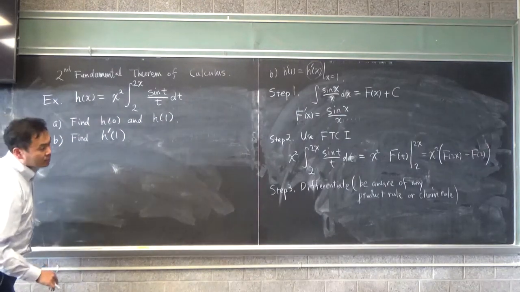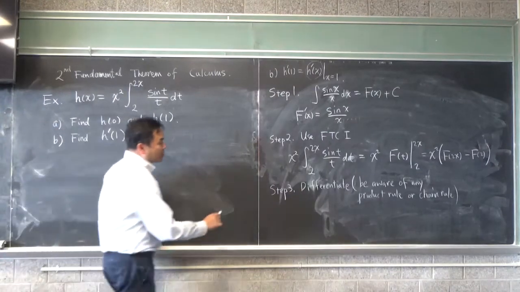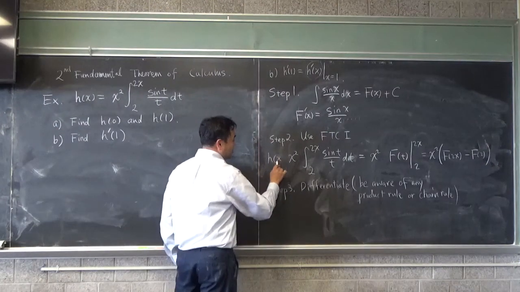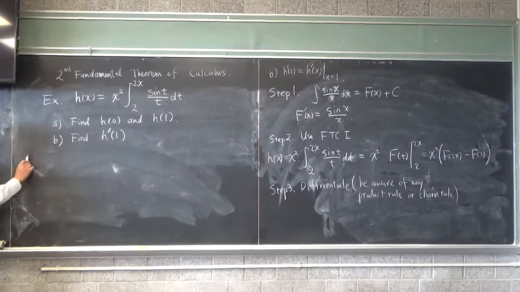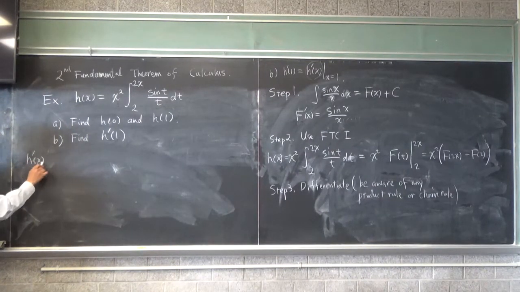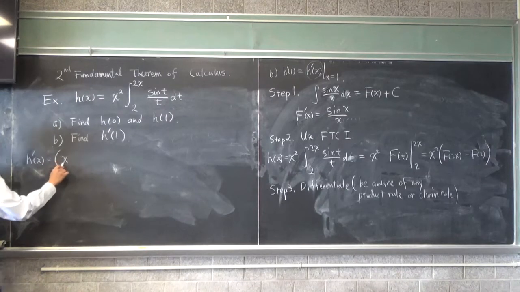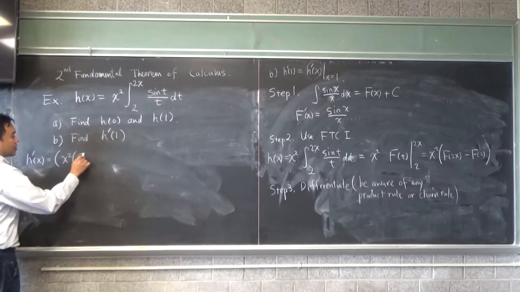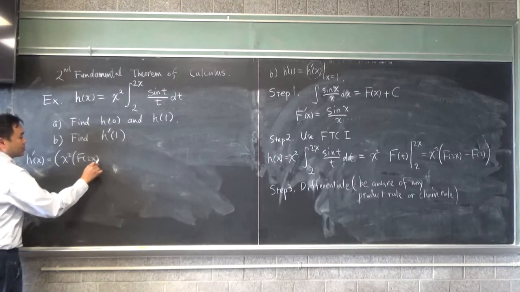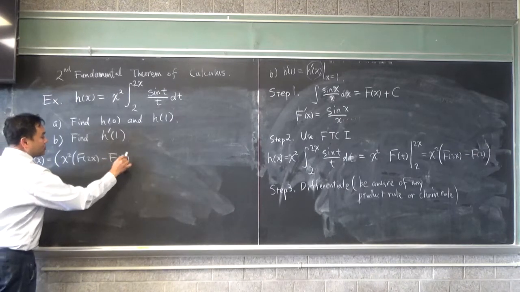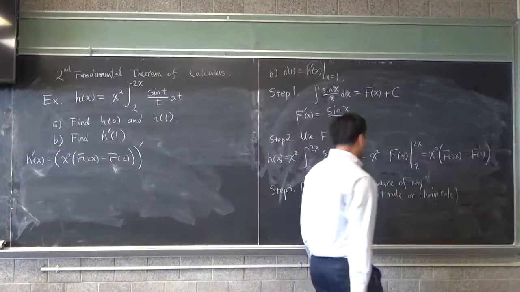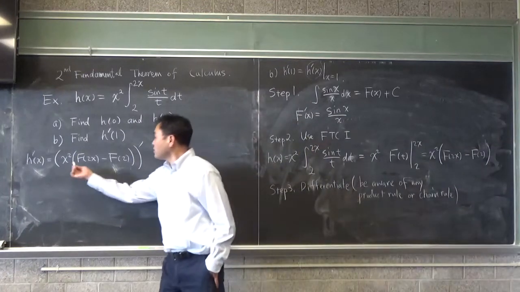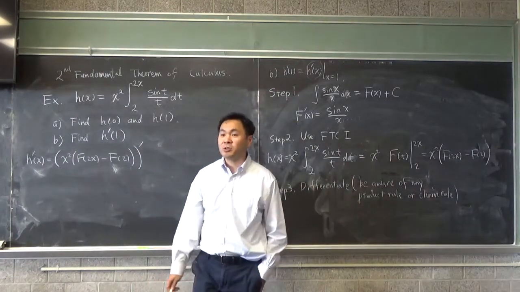We have, by the way, this is our h of x, right? So now we have to differentiate, h prime of x, which means you have to differentiate x squared times F of 2x minus F of 2. Do you see this product? What should we use?